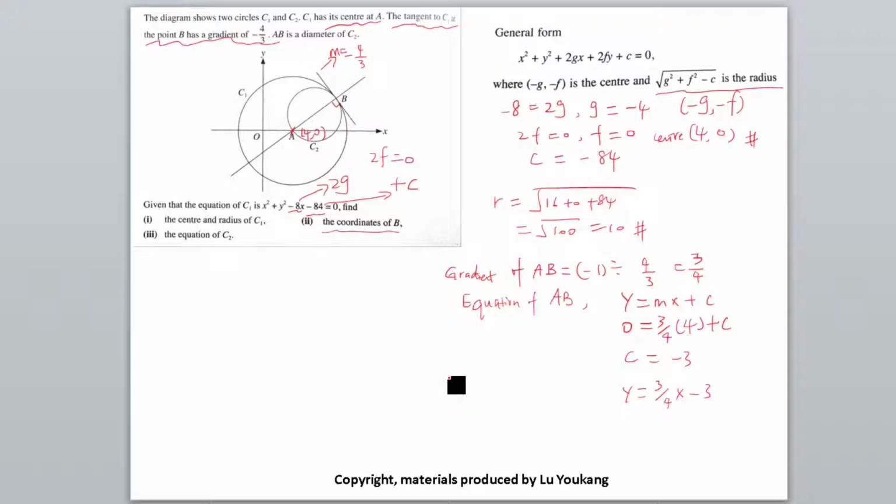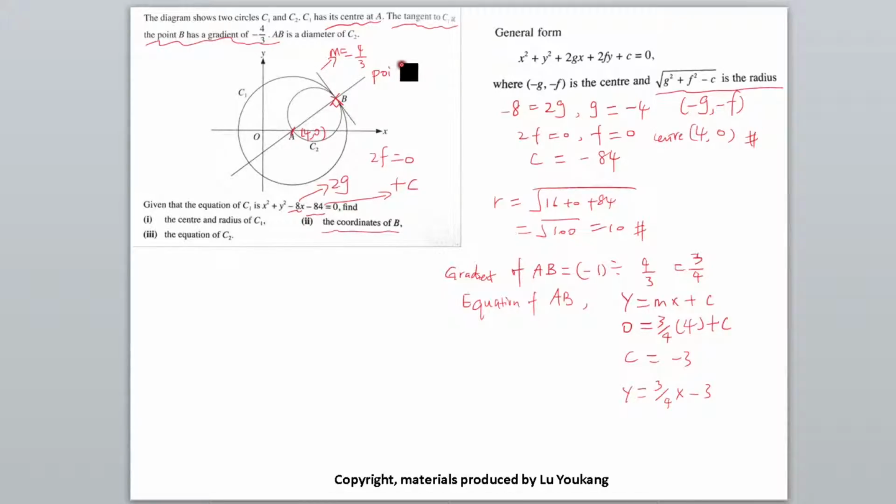So we have two equations now. And let's make use of these two equations. Which two? Equation of AB and equation of C1. Why? Because point B is the intersection point of the circle C1 and the line AB.